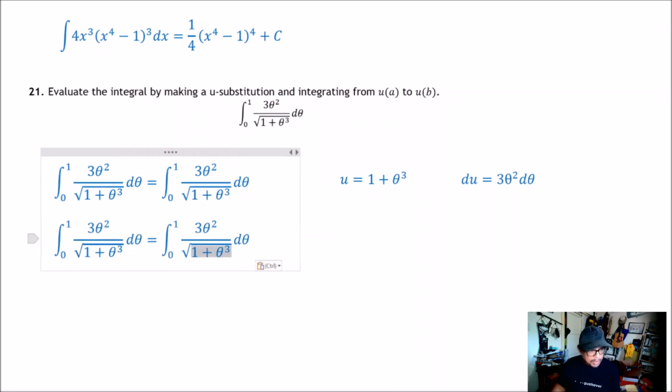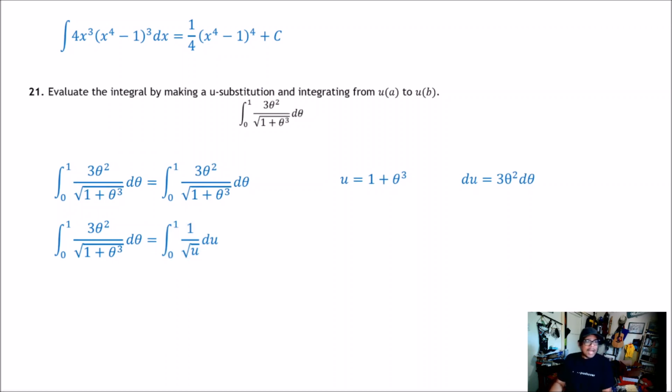This 1 plus theta cubed, that's going to be u. This 3 theta squared, let's move that over here so that we can see what we're going to do. We'll put a 1 up here. We've got 3 theta squared d theta. Noticing that that's all the same thing as du, we're going to replace that with a du.